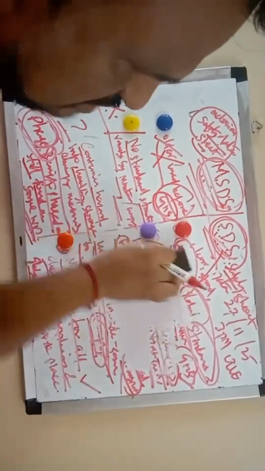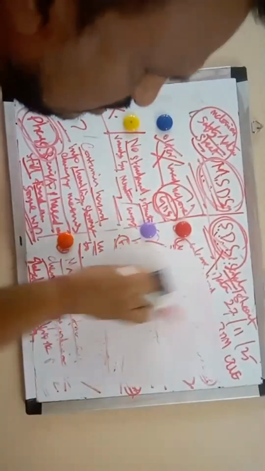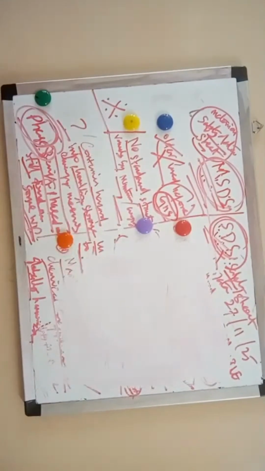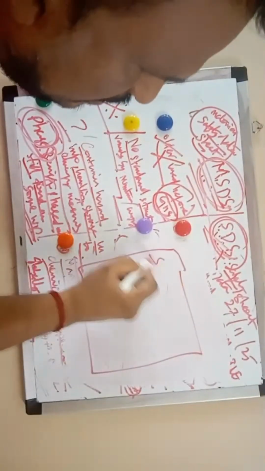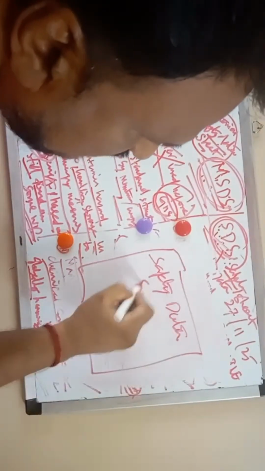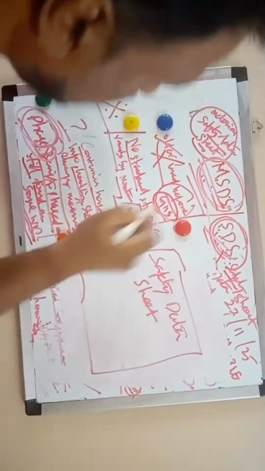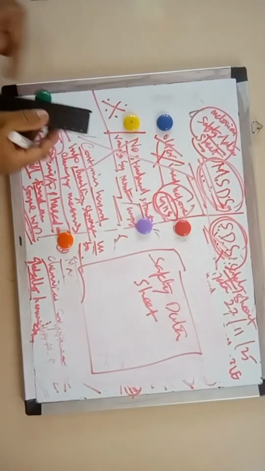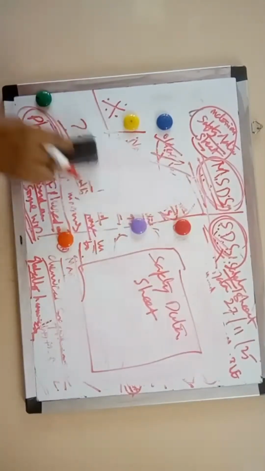Wherever a chemical laboratory or industrial preparation area is there, in that area you have to place the safety data sheet.